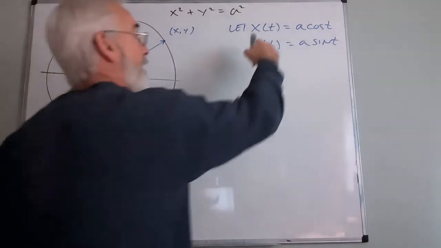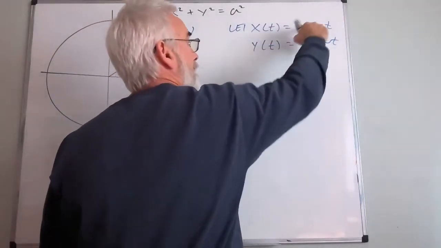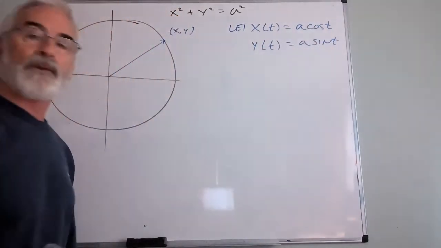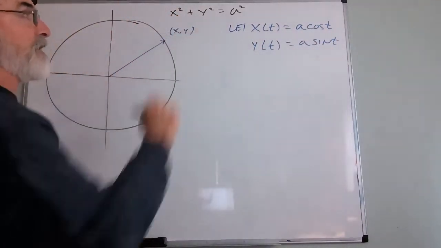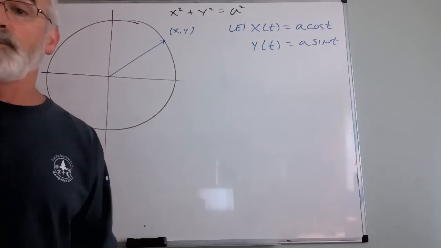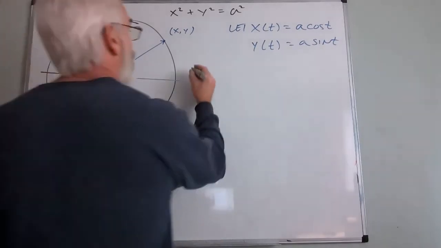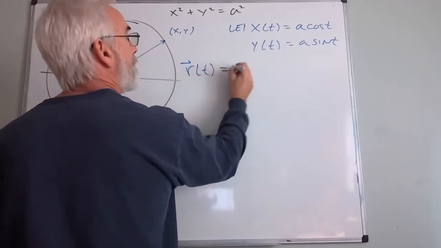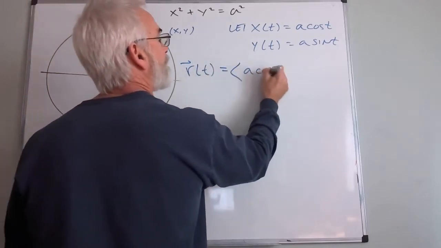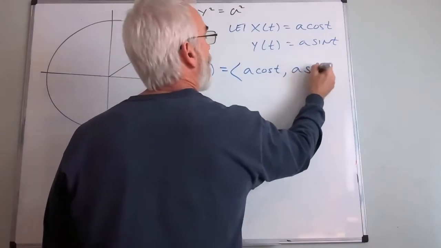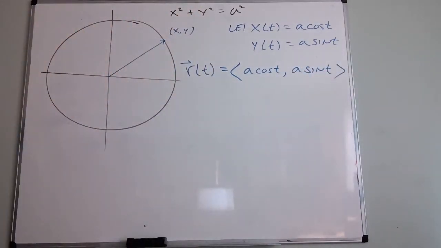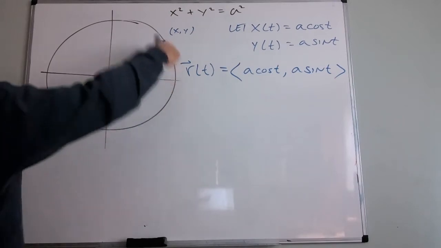And then a quick check, also x squared plus y squared would be a squared cos squared plus a squared sine squared, which in fact equals a squared. So this particular parameterization would be perfect for this circle. So we will now define our position vector r of t as being a cos t, a sine t, okay? So that particular vector will allow us every point on the circle.